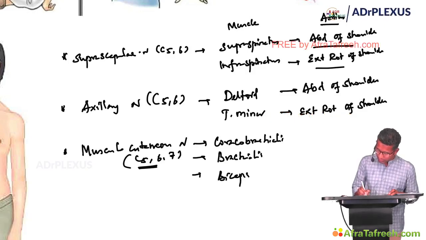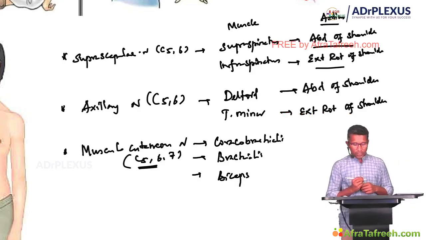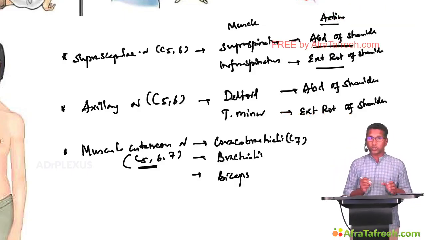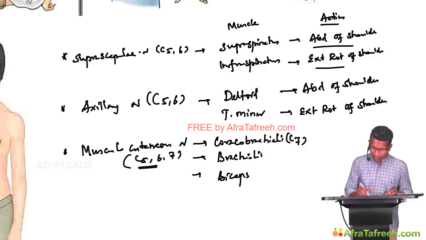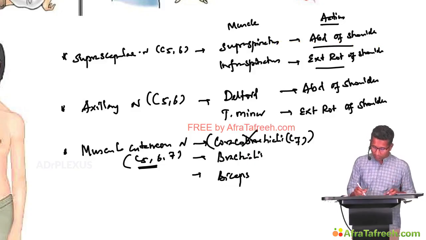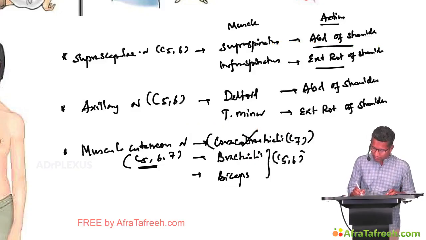Coracobrachialis is supplied by C7, so in Erb's palsy this is not affected. Don't worry about coracobrachialis. But biceps and brachialis have root value C5 and C6, and these muscles are worst affected.